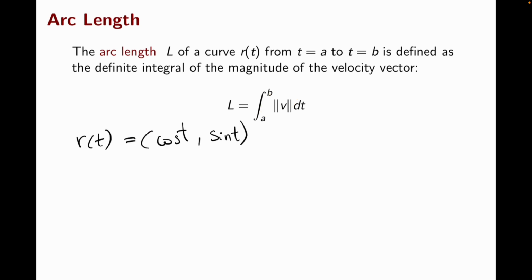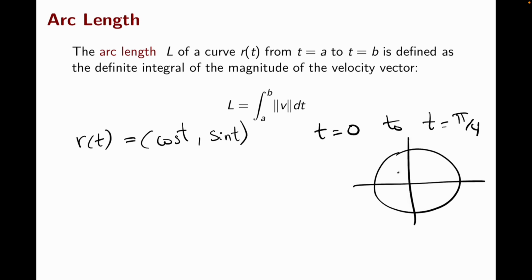So if we continue with the example of the curve that represents this circle, a curve in the plane which has two components, let's say we want to calculate the length from t equals 0 to t equals pi over 4. I mean, how long is this little piece of the curve.